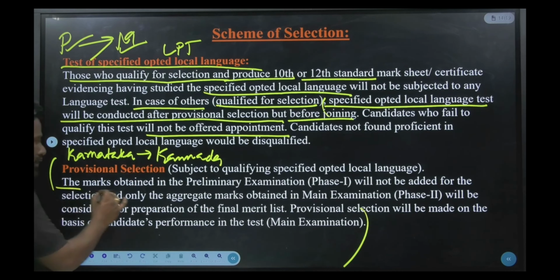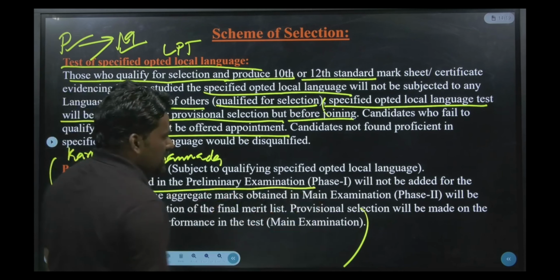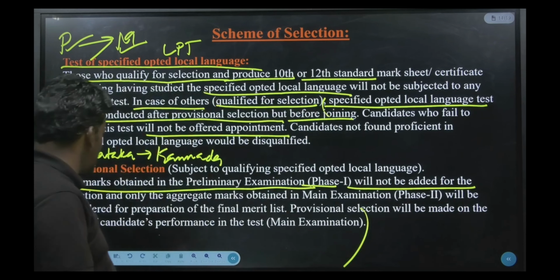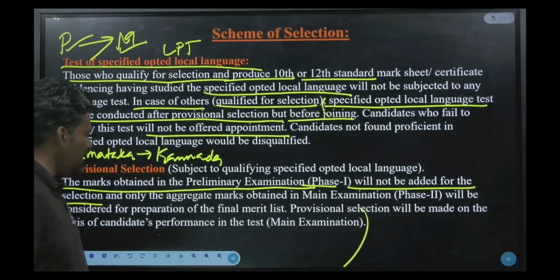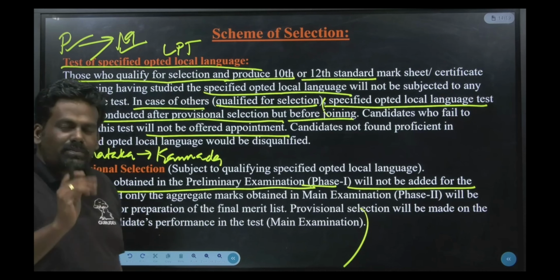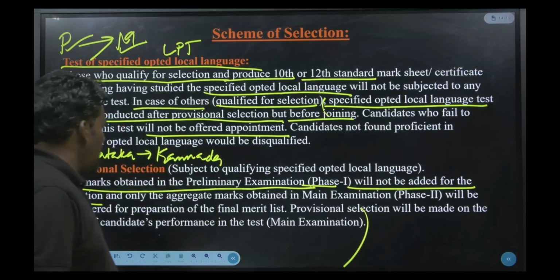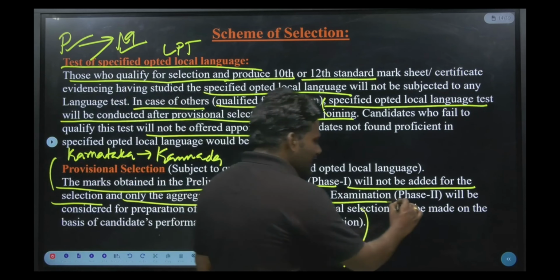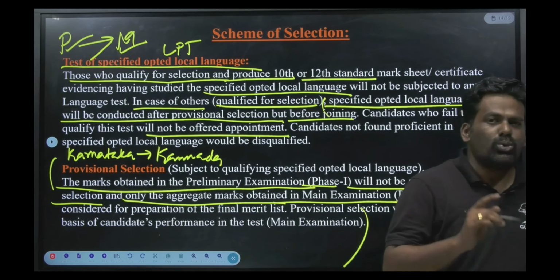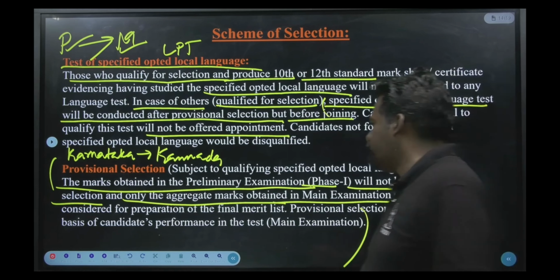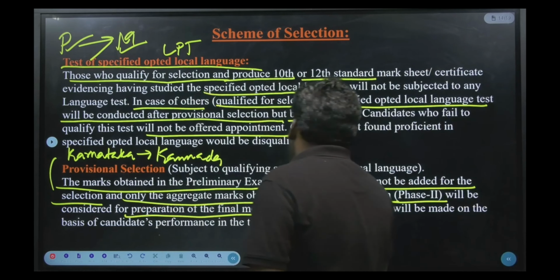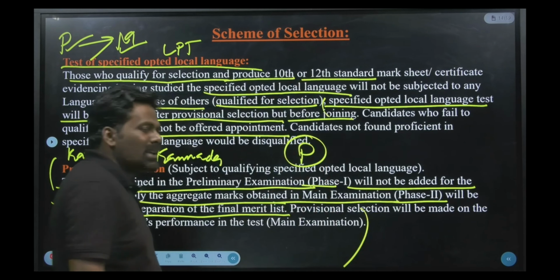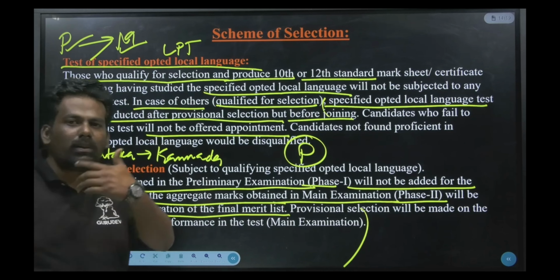The marks obtained in the preliminary examination, that is phase 1, will not be added or considered for selection, and they are only for qualifying in nature. Only the aggregate marks obtained in the mains examination, that is phase 2, will be considered for the preparation of the final merit list. It means the marks which you have obtained in the preliminary examination will not be considered for the final merit list.